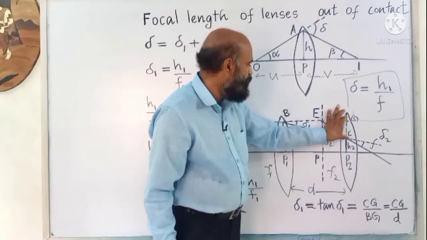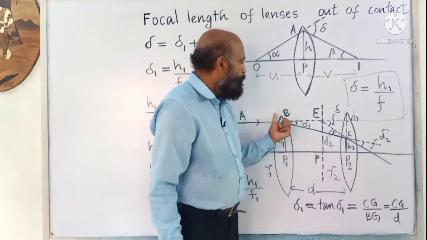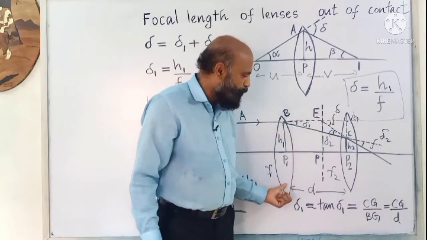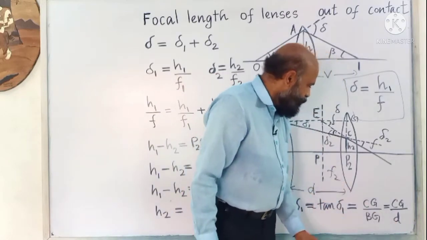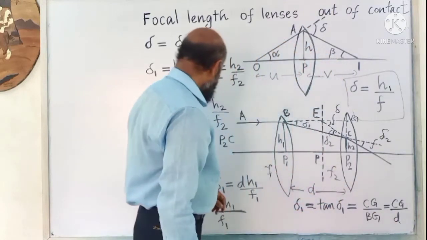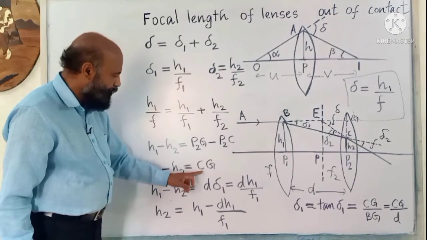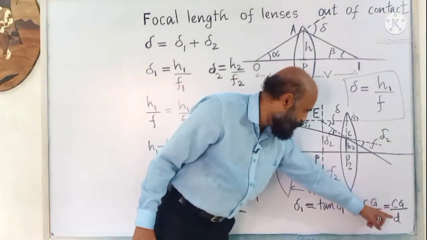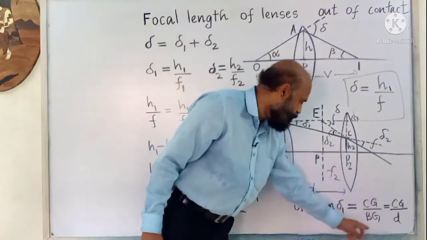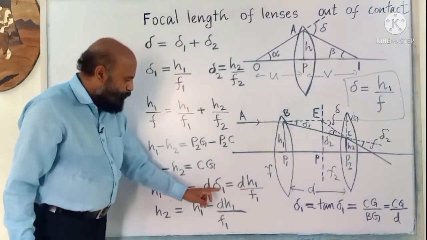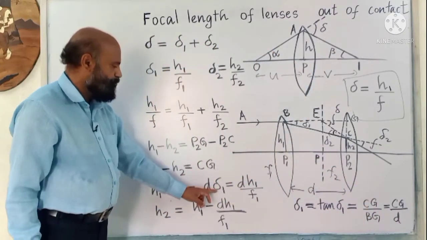So it can be written as CG by BG. But BG is the distance between the lenses. So instead of BG, you can write D. So from this, we can get an expression for CG. CG can be written as D into delta 1.